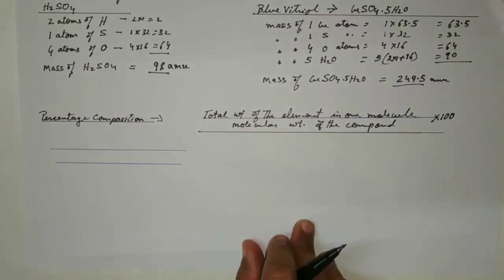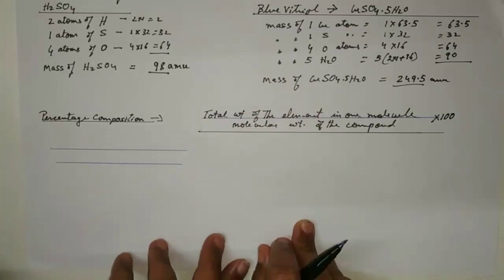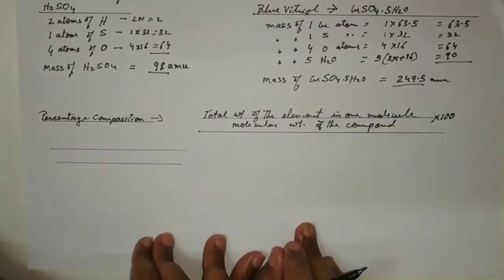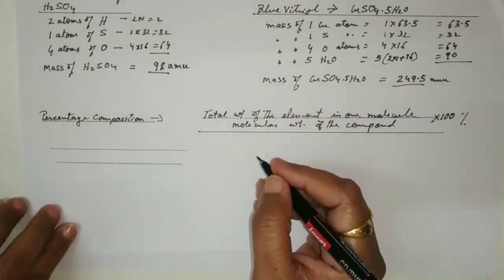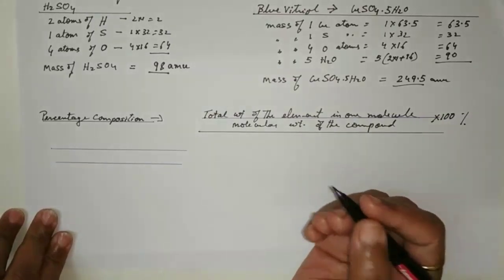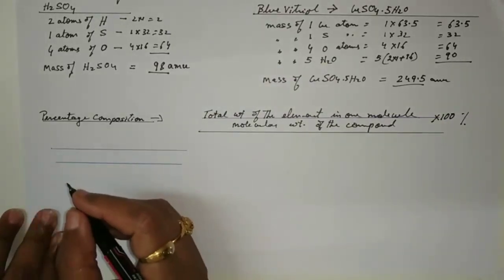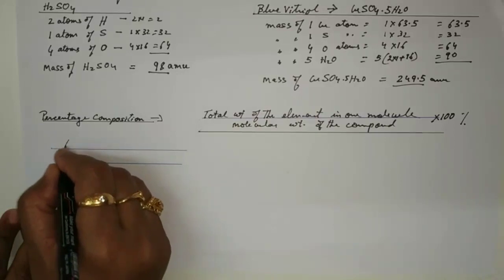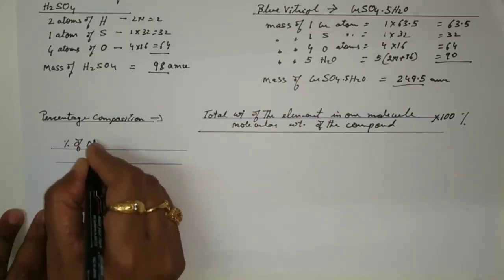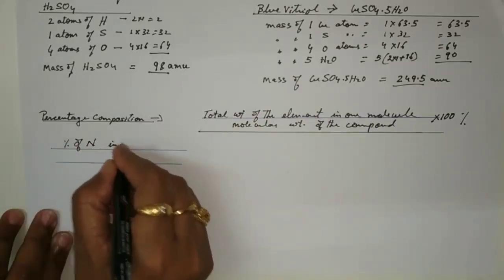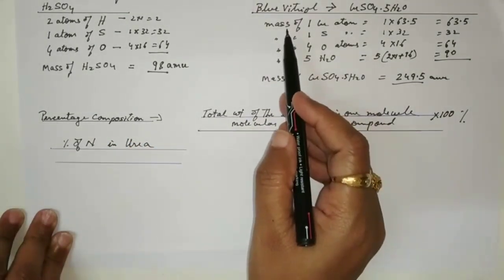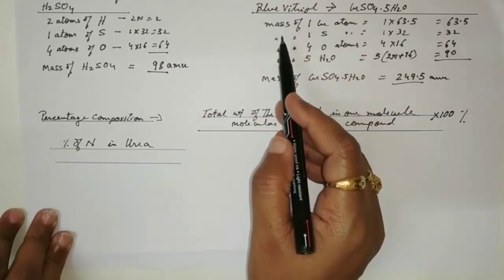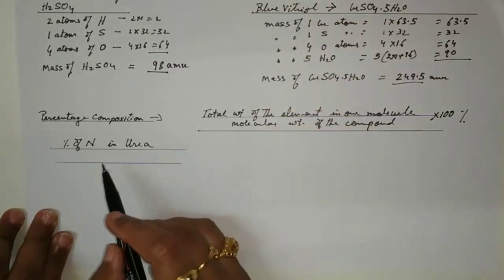So here you can get questions like percent sign, of course, sorry. Let me take one question, that is, say, percentage of nitrogen in urea. As I've said just now that there will be many compounds whose formula will not be given to you, children, so you need to know the formula.